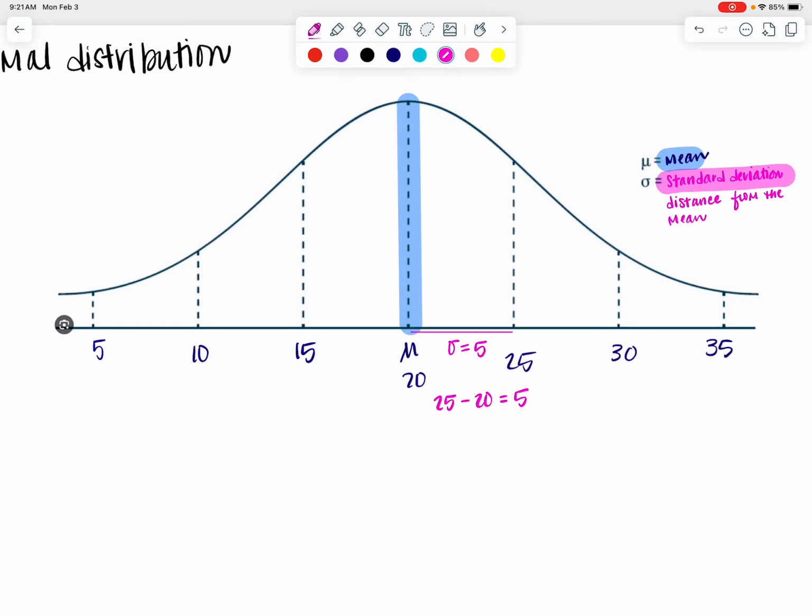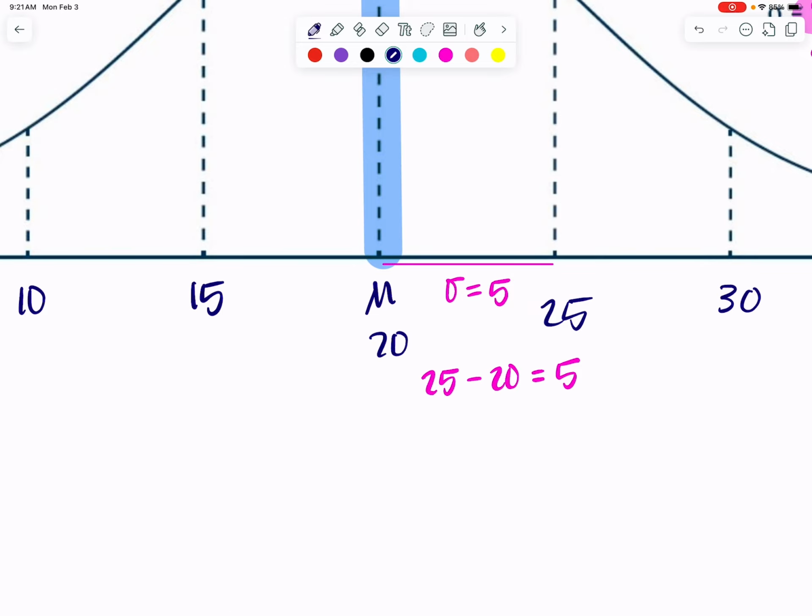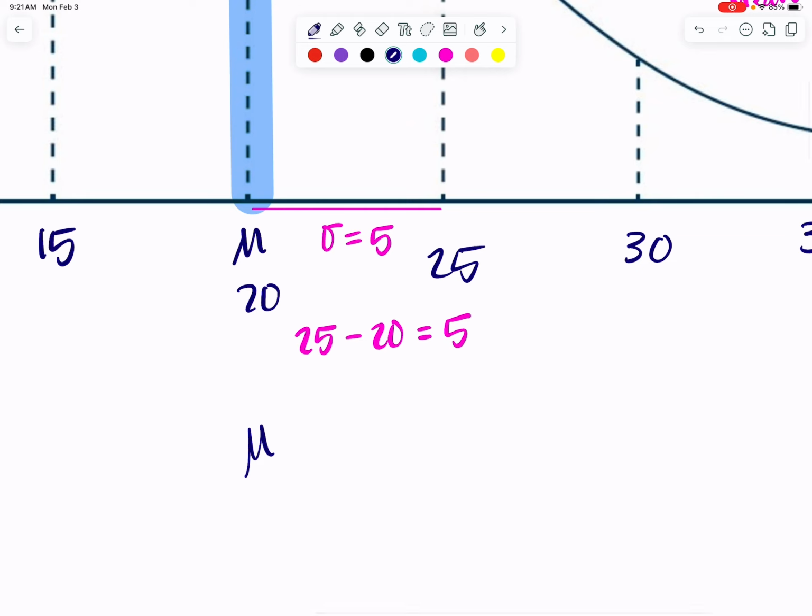One of the ways you see this written a lot is you'll see mu in the middle. And then for the next standard deviation, or for one standard deviation past mu, you might see it written as mu plus sigma.